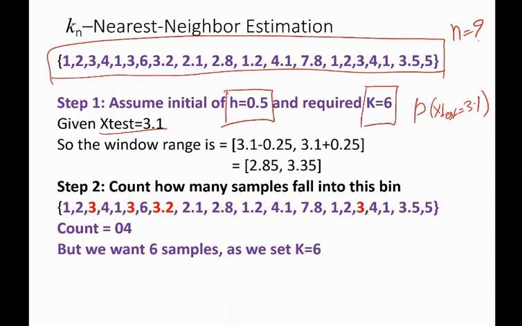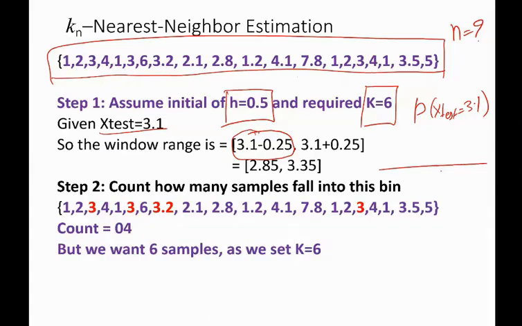Now, the initial window is 3.1 minus 0.25. So what you do, you take this h and divide by 2, since total length of window is h, and you want that you will keep here, I should draw somewhere else.